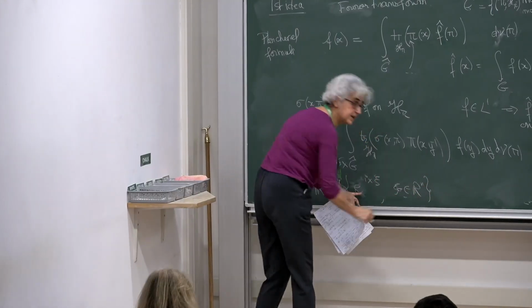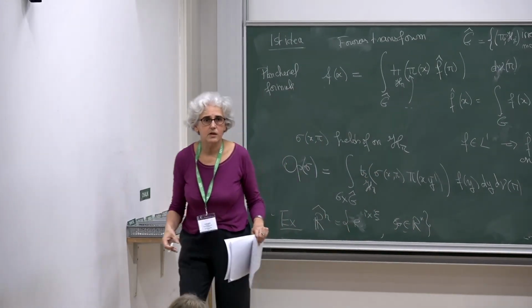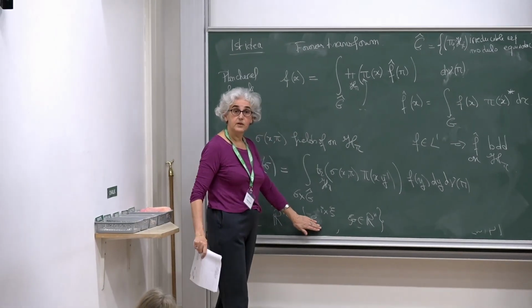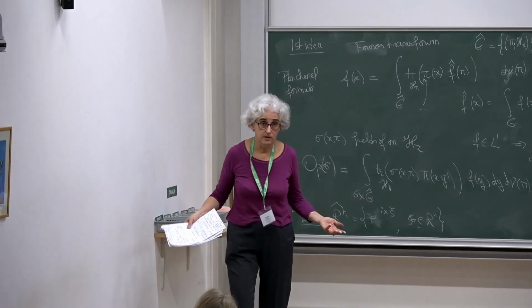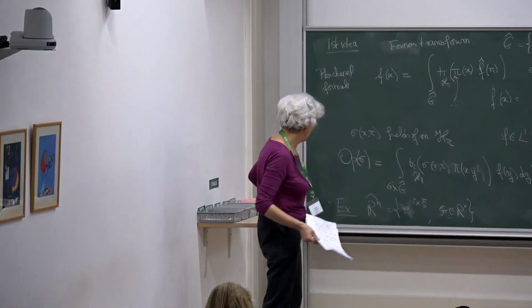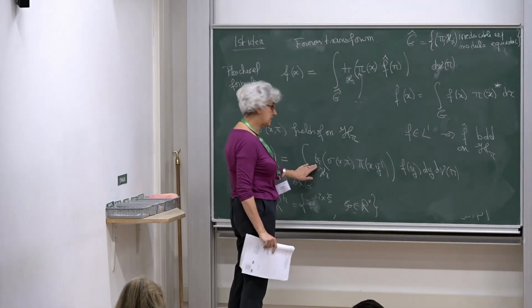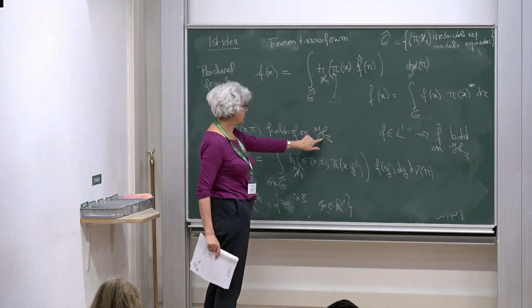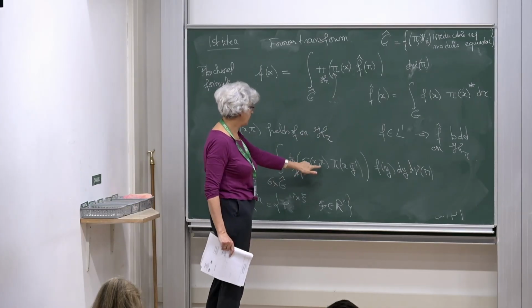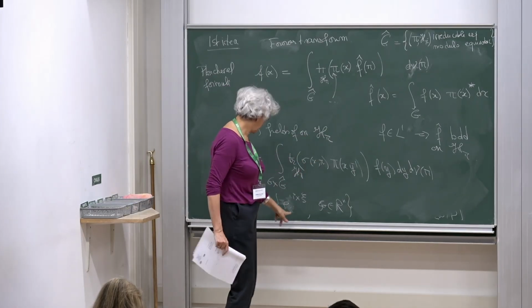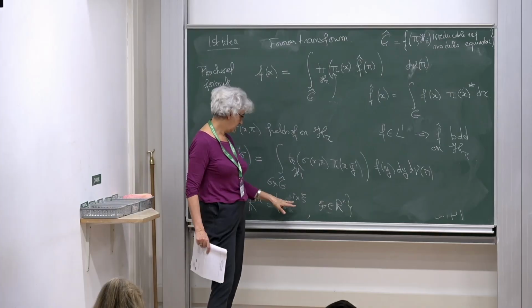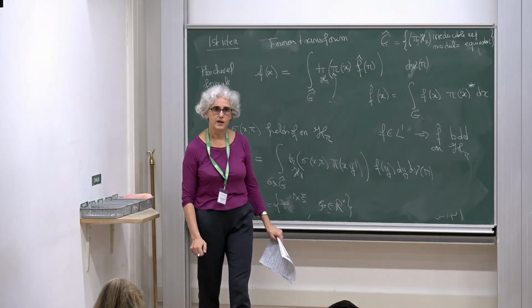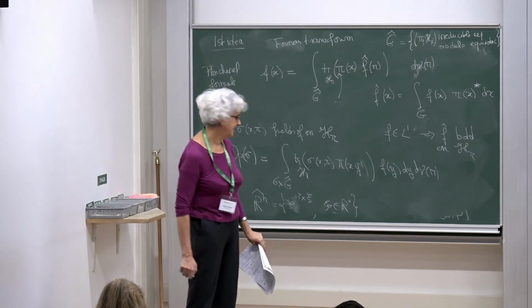Okay? You have only characters. Your representations are just multiplication by exponential i x xi, and the space of representation is C. You don't have anything more. So the trace becomes just multiplication. Here you have a field of operators on C, it means a function a of xi, and here you have exponential i x minus y.